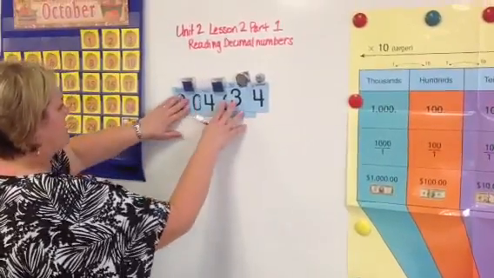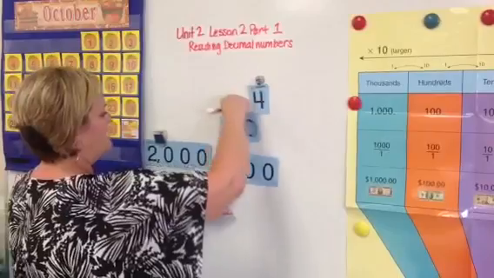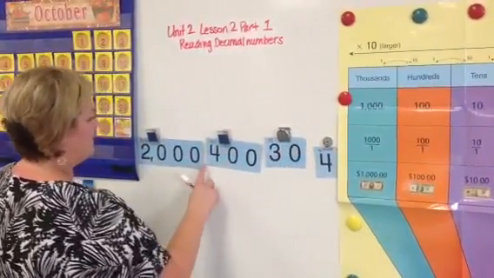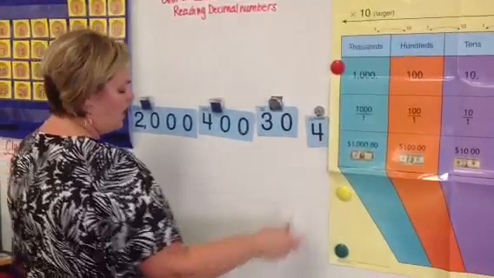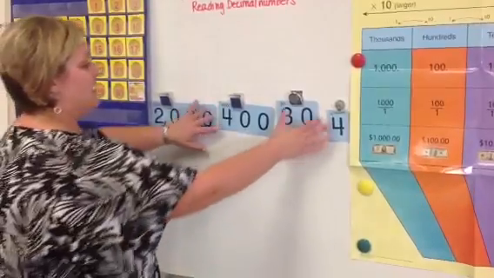So it was 2,000 plus 400 plus 30 plus 4. So 2,434. You're going to say and do the same things when you have a whole number and a decimal.